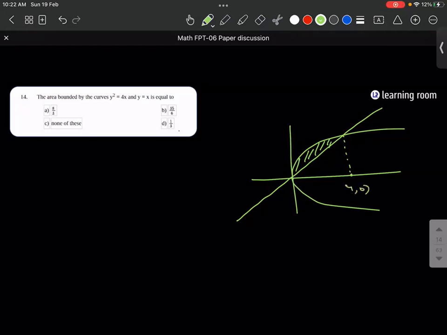So this point will be 4, 0. So integral of 0 to 4 root of 4x minus x dx. So on solving this, you'll get the answer as 8 by 3. This is the answer. Okay.